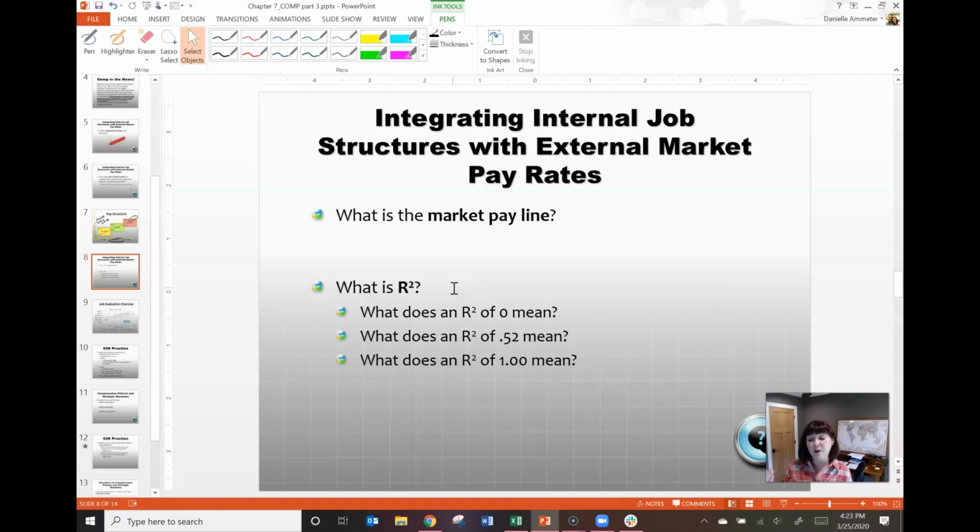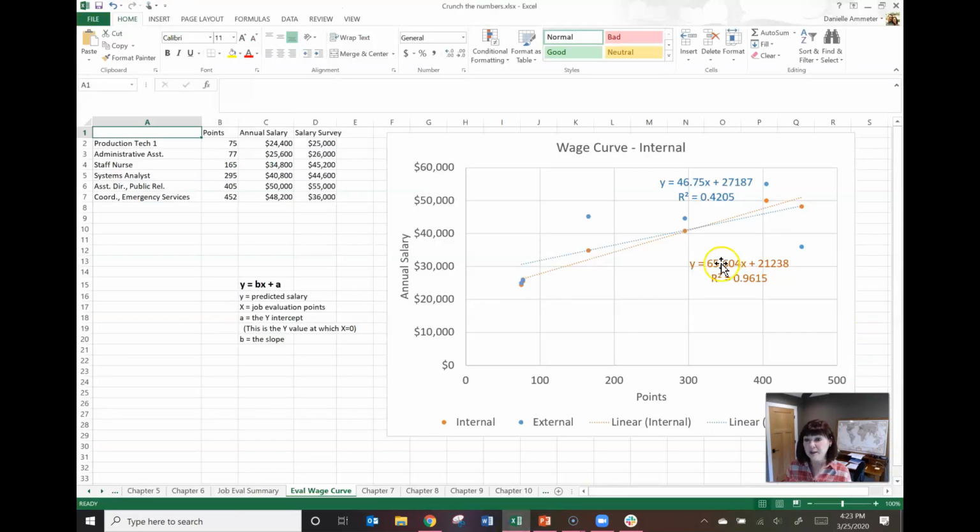And an R squared of 1 says that, in fact, all the variation that you might find in pay can be explained by our own internal job structure. So this is very close to 1. Our own internal salaries are very consistent.